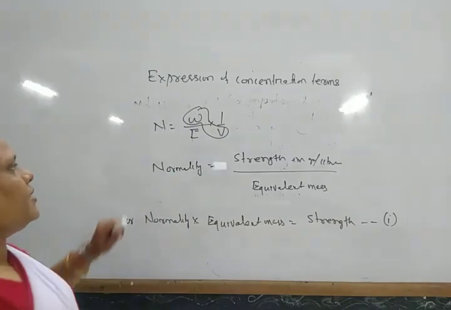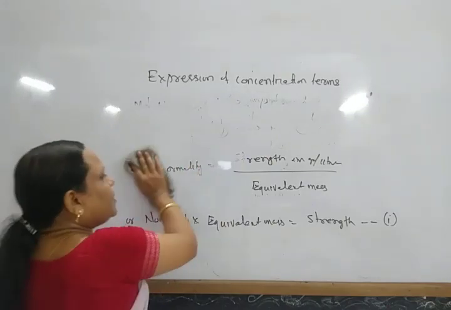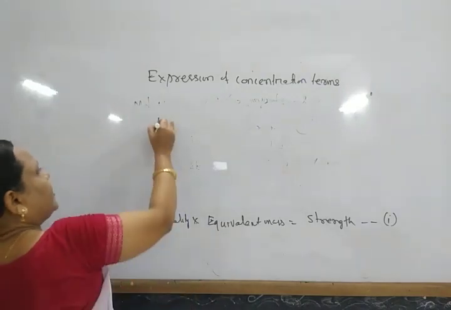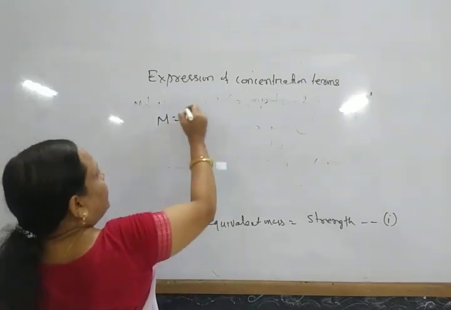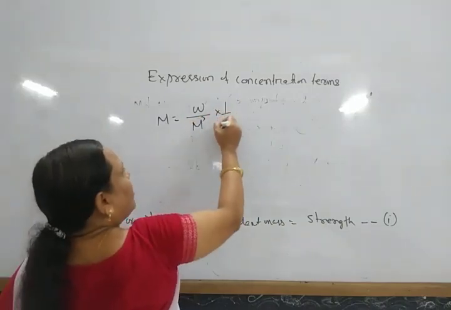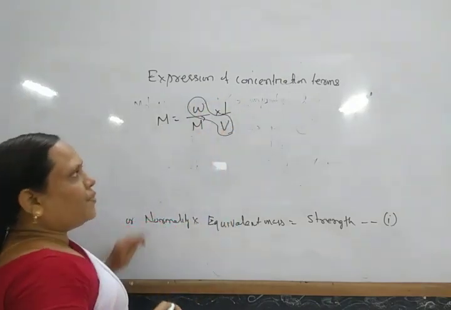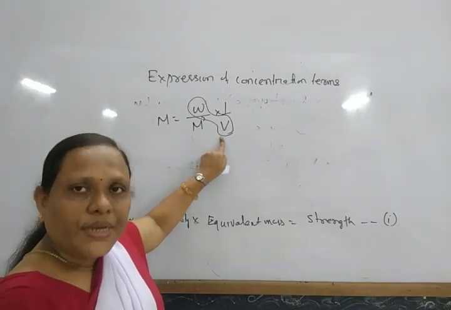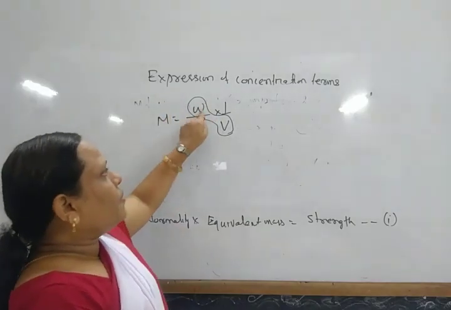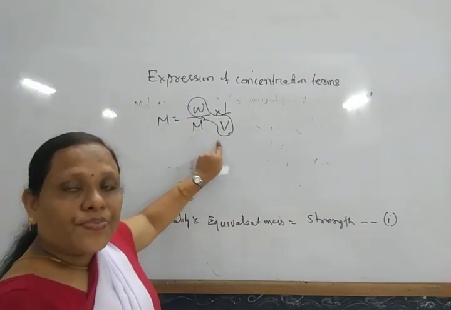Another thing, again come to the relationship between molarity and strength. So we know molarity M equals weight of the substance by molecular mass into 1 by V. This weight by volume in liter is known as your strength in grams, or when you express W into 1000 by V ml, this term is also known as your strength.